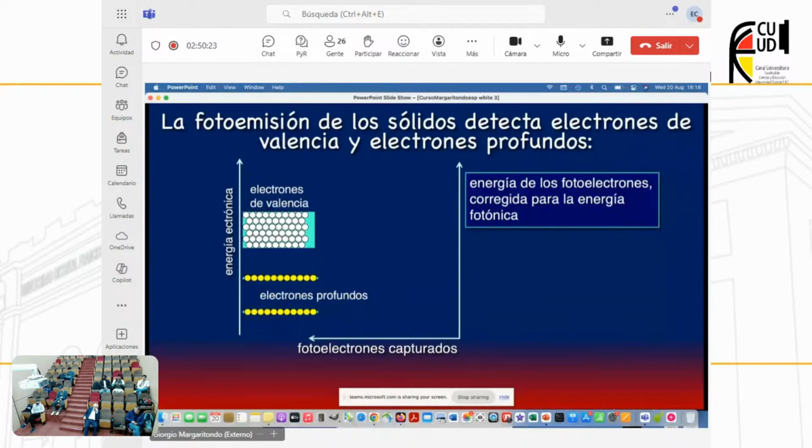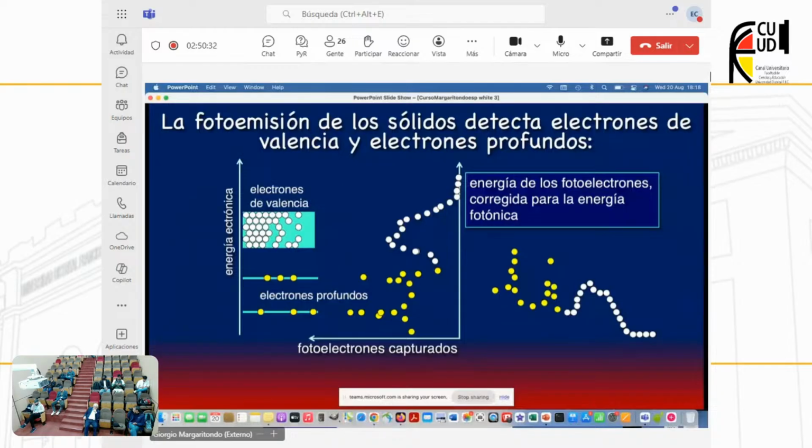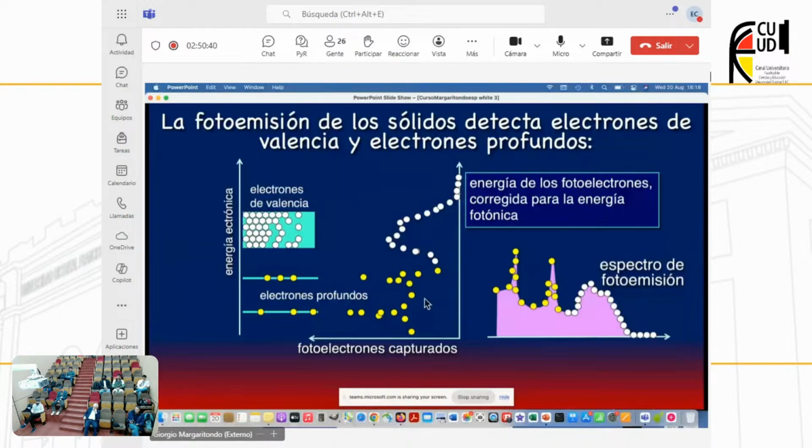And these are the electrons that are captured. Now, normally you show this rotated, you get this. This is a photoemission spectrum. The photoemission spectrum has narrow peaks that are coming from the core levels and the broad bands coming from the valence band.